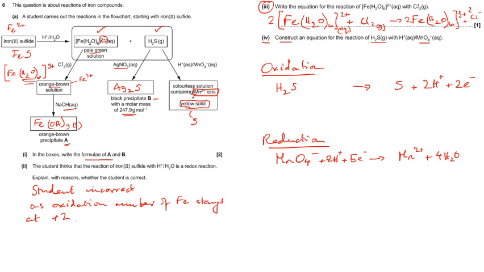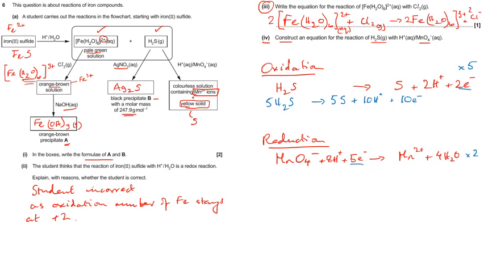Next we're going to add them together, so that the electrons can cancel. We've got 2 electrons in the oxidation reaction, and 5 electrons in the reduction equation, so we have to multiply our oxidation reaction by 5, and our reduction reaction by 2. So we get 5 hydrogen sulfides going to give us 5 sulfurs plus 10 hydrogen ions plus 10 electrons.